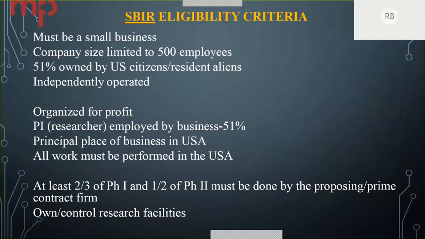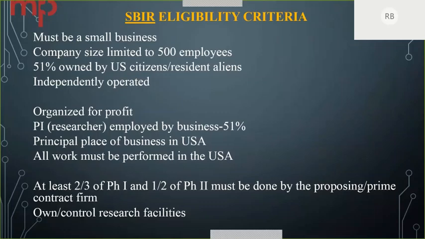PI, which is principal investigator or the researcher. So the owner of the company does not necessarily have to be the researcher, but they must get somebody that is a researcher called a principal investigator. And that principal investigator must be employed by the business 51% of his or her time.